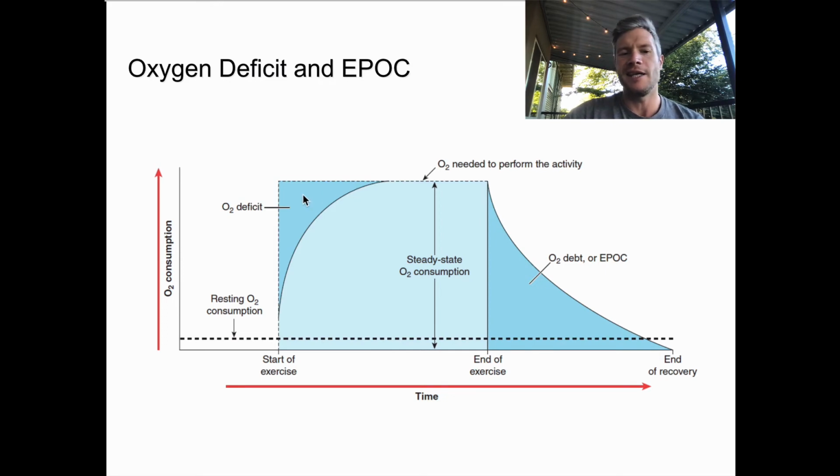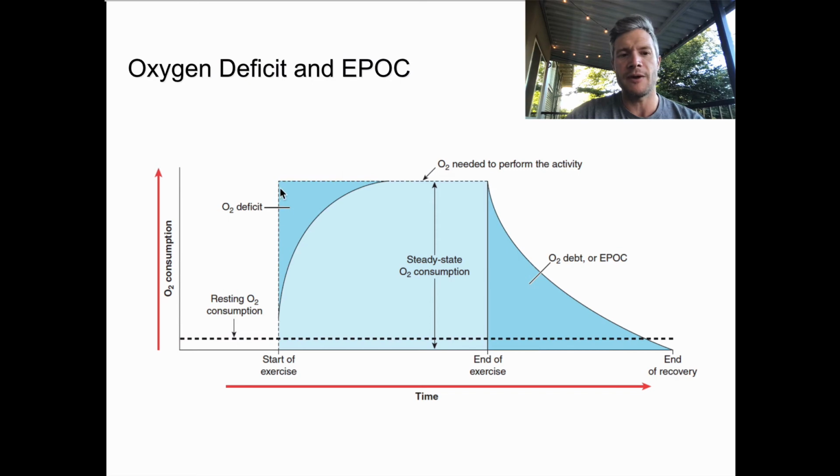Well, at the end of the day, after our workout, when we hit the end of exercise, okay, what will end up happening is we have to pay back, and then a large dividend, our O2 debt, or EPOC, right? Our exercise post-oxygen consumption, to reset all of our body systems back to nominal, or back to normal, or equilibrium, right?